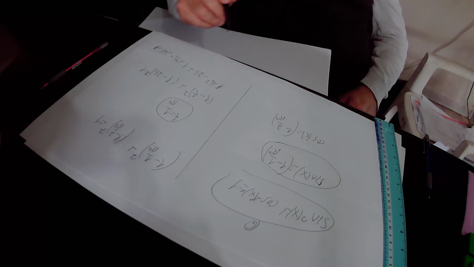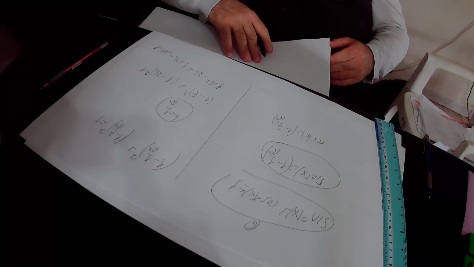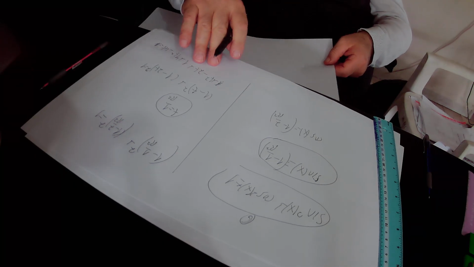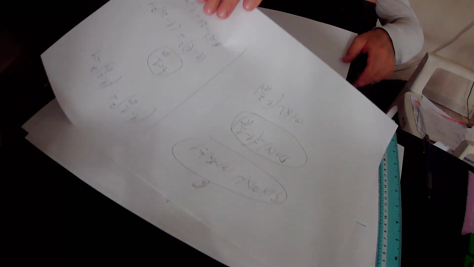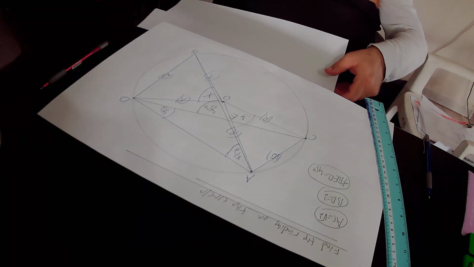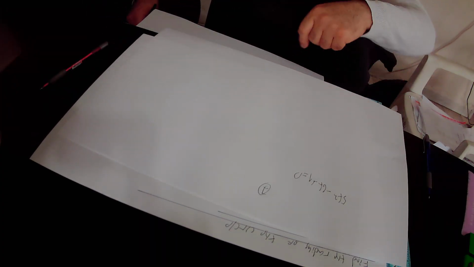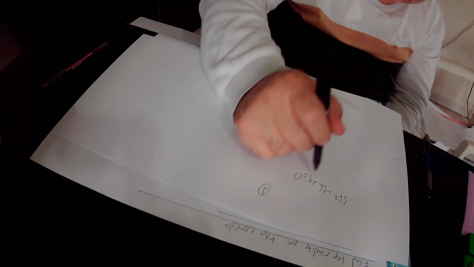We have also here 1. And it equals 0. So we can find out that 5t squared minus 6t plus 1 equals 0.